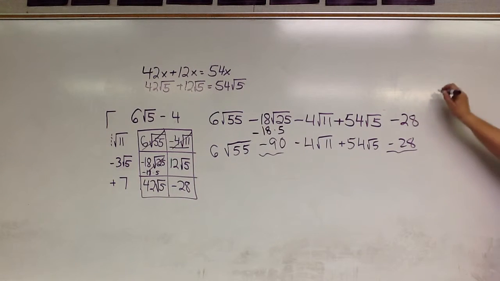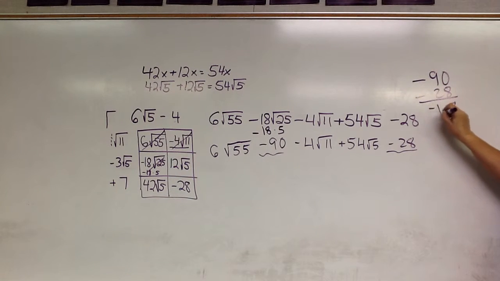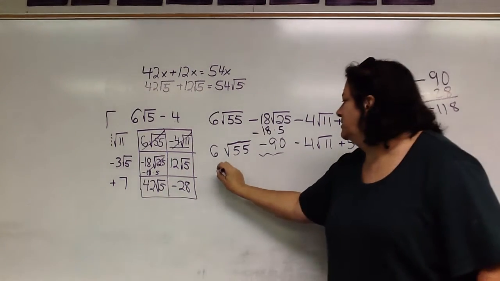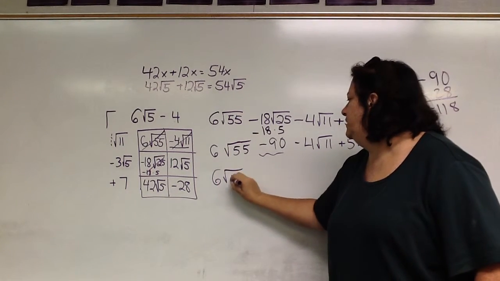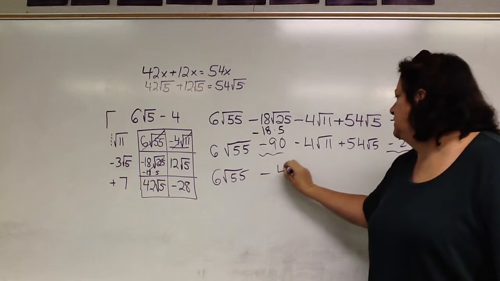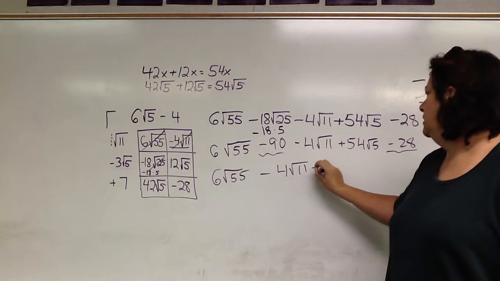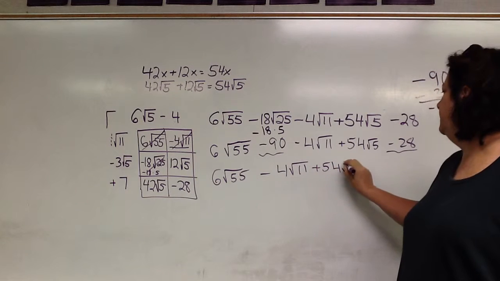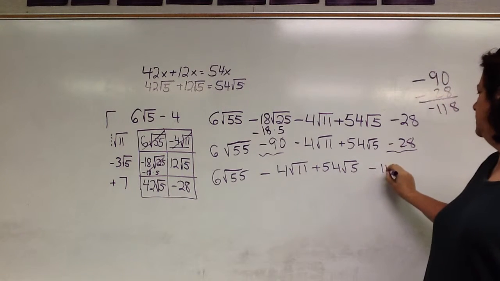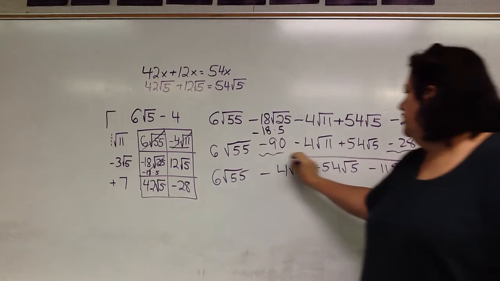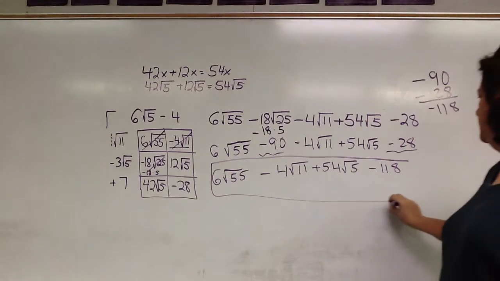So if I add negative 90 and negative 28, I get negative 118. So my final answer: 6 root 55 minus 4 root 11 plus 54 root 5 minus 118. That is my answer.